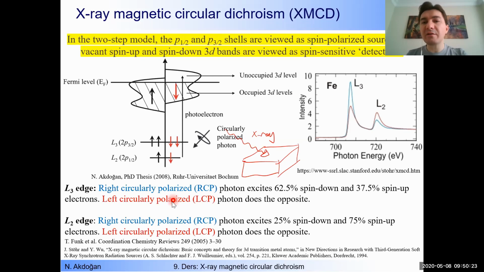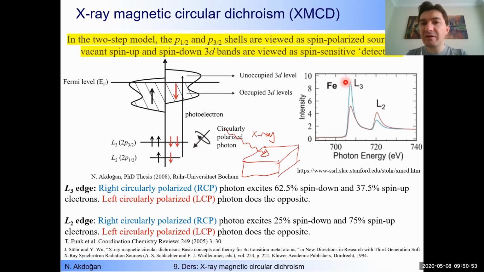So now look at this one. The blue one shows us RCP. The red curve here shows us LCP. For RCP, the blue one, we mostly excite spin-down electrons, 62.5% spin-down electrons, and here we have enough place for them, okay?